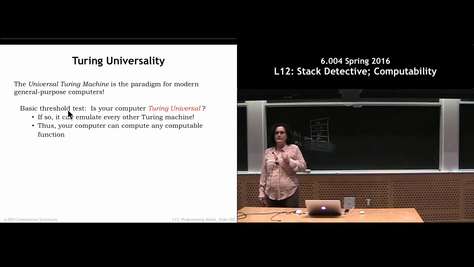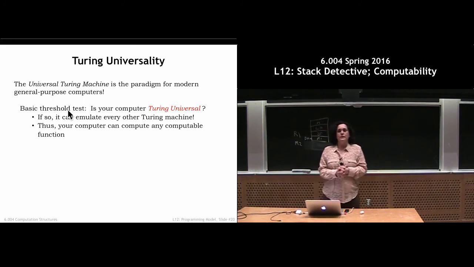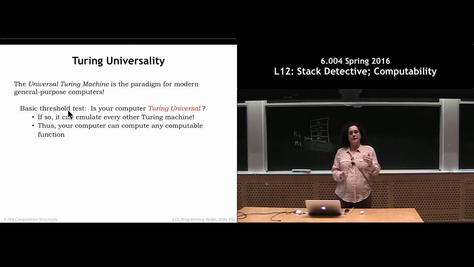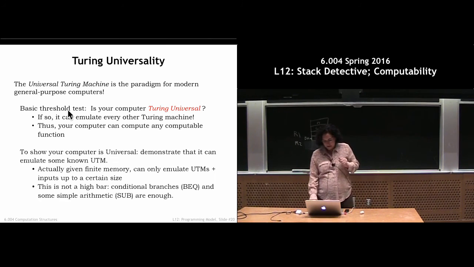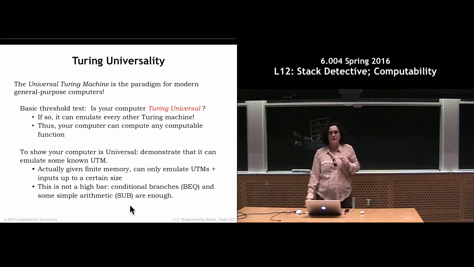And how would we answer that question? We would answer it by showing a mechanism in which we can convert it to a previously known universal Turing machine. Okay? And so it turns out, as I mentioned, that you actually don't need very much in order to be a universal Turing machine. All you need is to be able to execute conditional branches and some simple arithmetic.